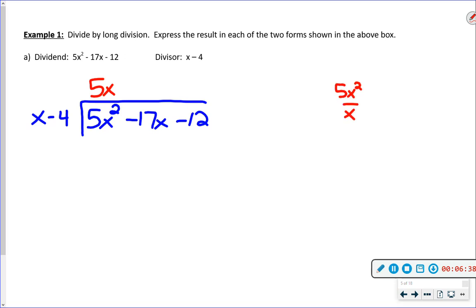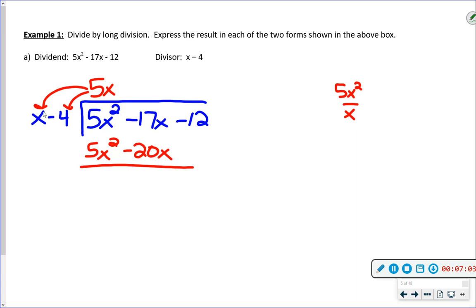You're dividing that by x, you get 5x. Now anything that goes on top, I have to multiply through my entire divisor, aka distribute. So I'm going to have 5x times x and 5x times negative 4. I'm going to go through this first problem at a snail's pace, my friends, because you've never done this.